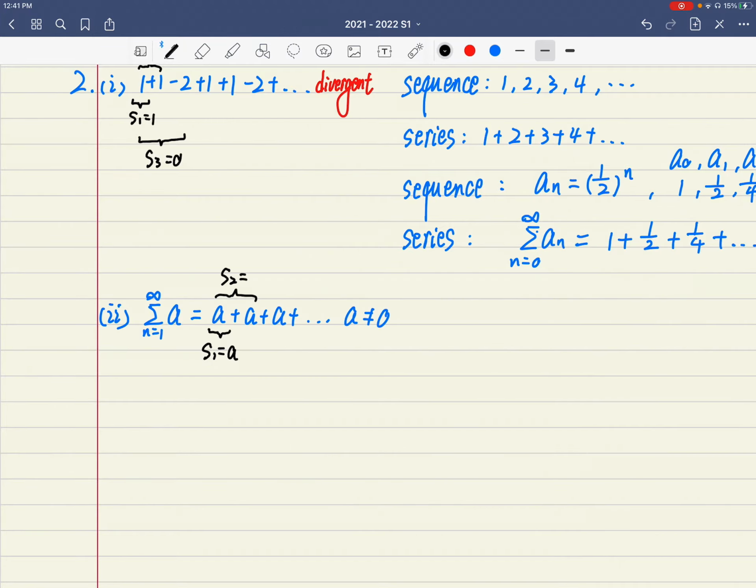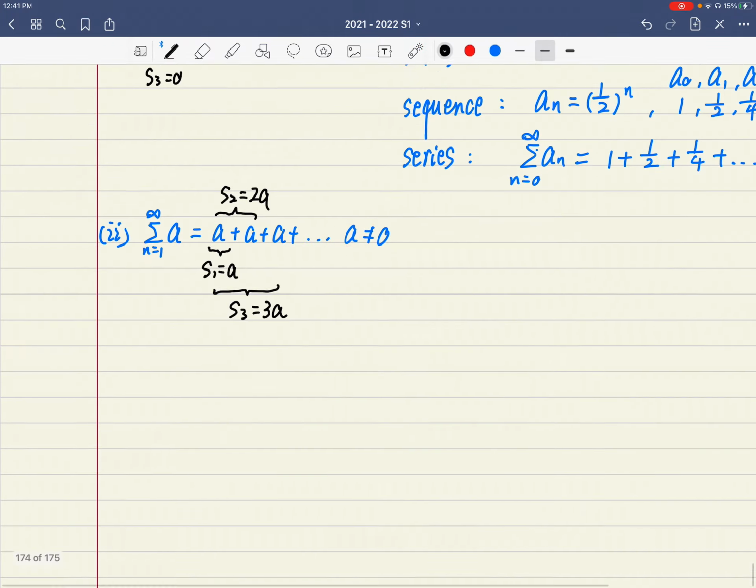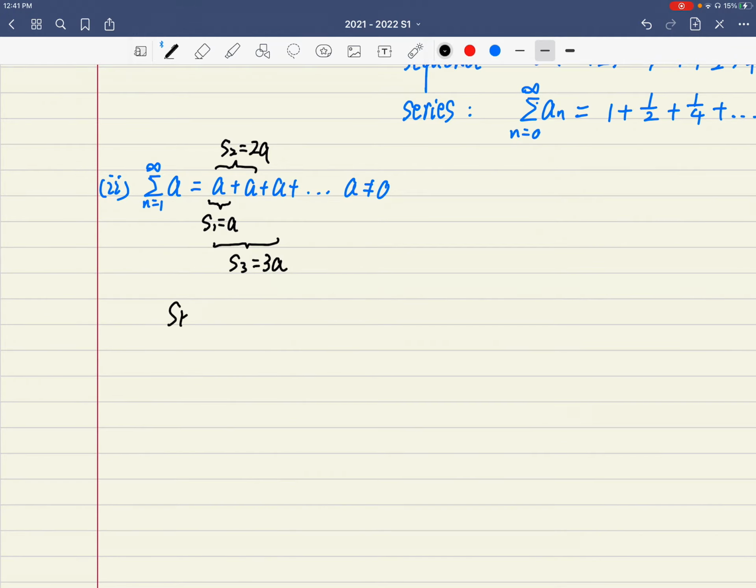S2 is the sum of the first two terms, 2a. S3 is the sum of the first three terms, 3a. So S_k is just ka.